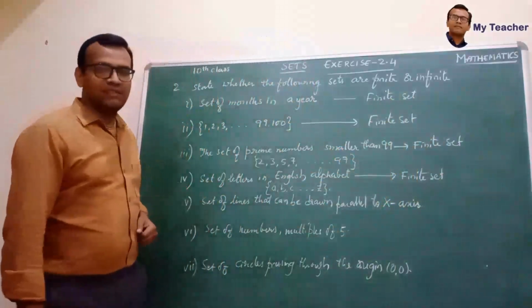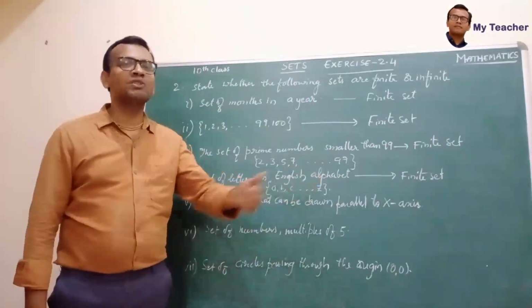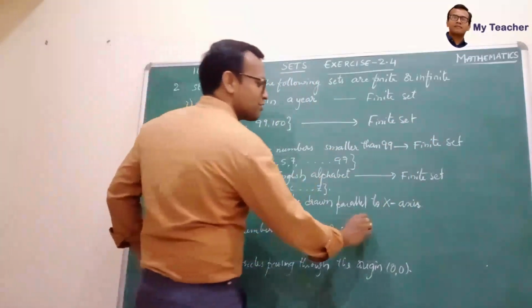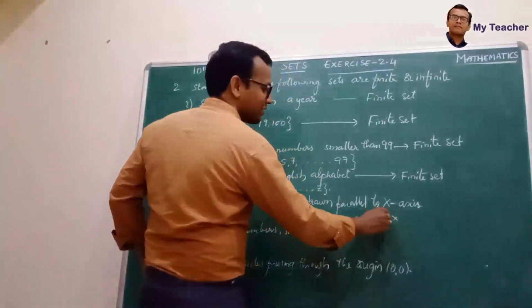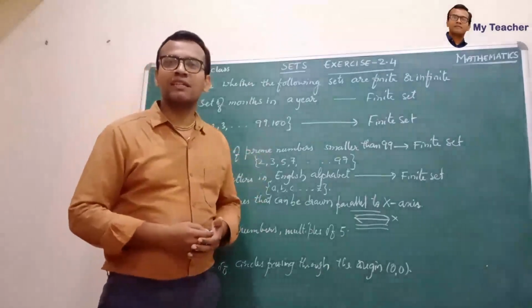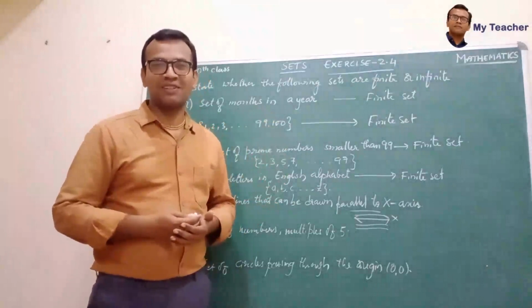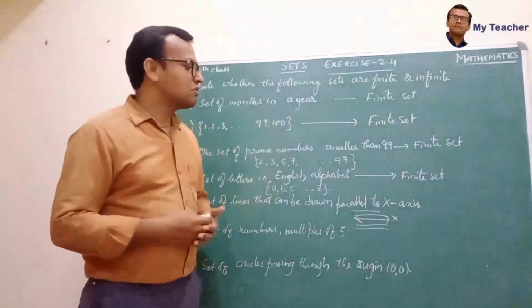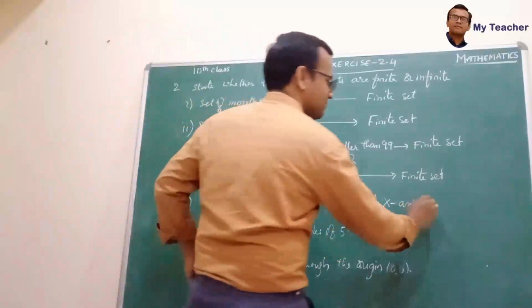See the fifth one. Set of lines that can be drawn parallel to the x-axis. So parallel to the x-axis, how many lines can you draw? Any number of lines we can draw. Infinitely many lines can be drawn parallel to the x-axis. So it is an infinite set.